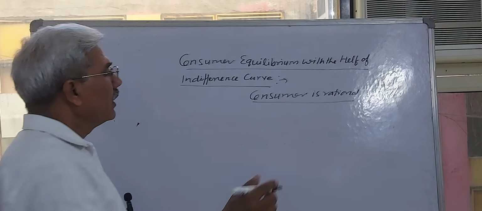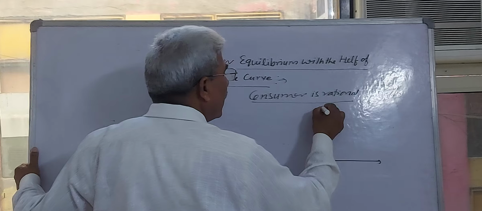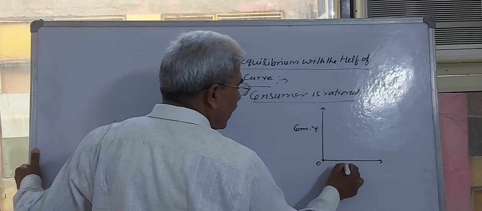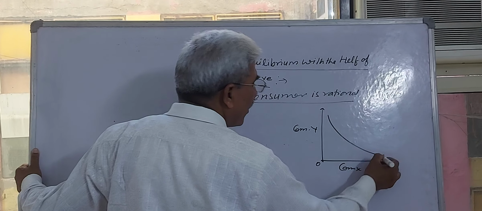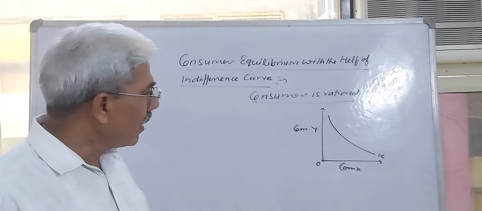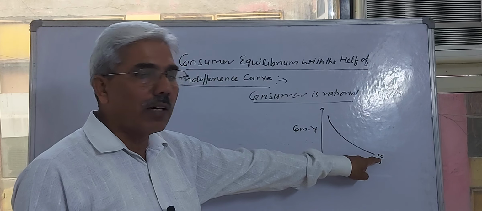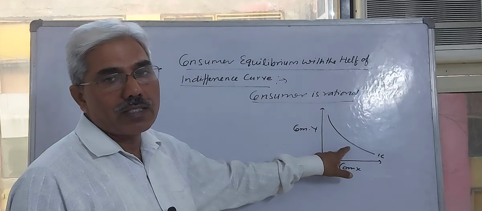As you know, an indifference curve shows the psychological demand of a consumer, and it is the combination of two commodities, say commodity Y and commodity X, which can provide the same level of satisfaction to the individual. There are different combinations of X and Y on indifference curve IC where the consumer is getting equal satisfaction.